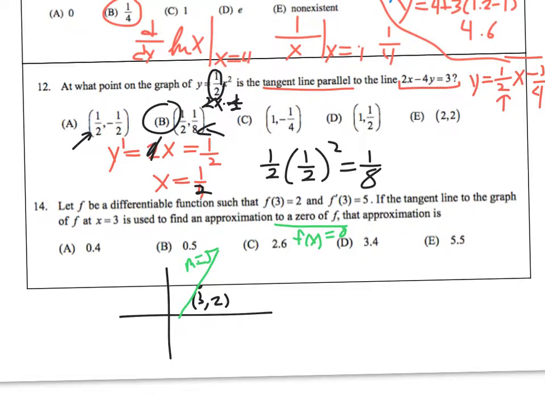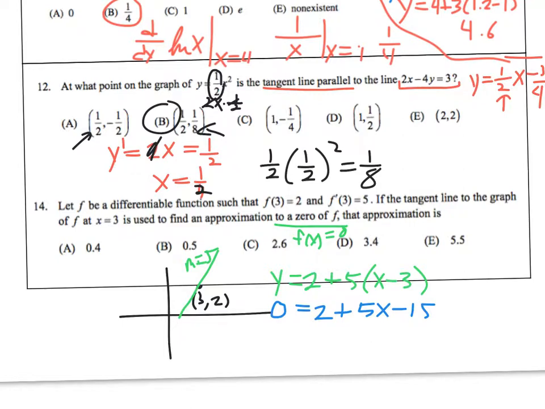Okay, let's write my equation for the tangent line and try to make some sense of this. So y is equal to 2 plus 5 times (x minus 3). To approximate a 0, we're going to say 0 is equal to 2 plus, I might do some distribution now, 5x minus 15.